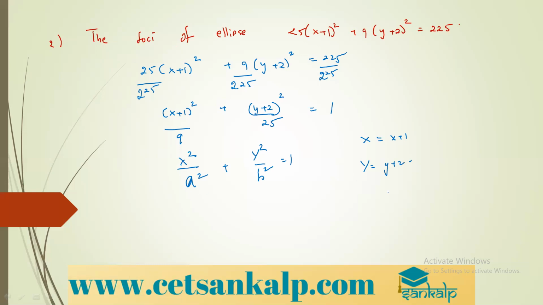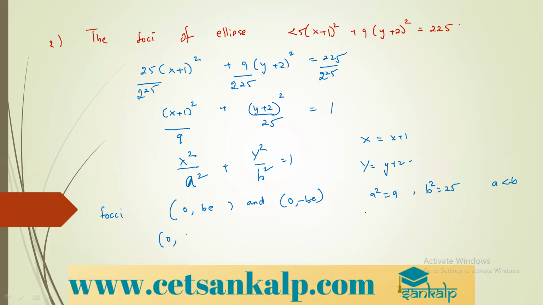And at the same time, I can write a square is 9, b square is 25 and a is less than b. So because we have to find the foci and a is less than b, the foci are 0, be and 0, minus be. So 0, b times e. What is e? I don't know e.